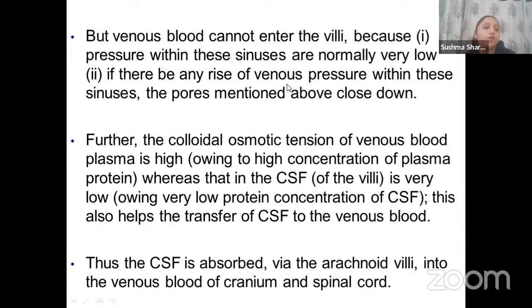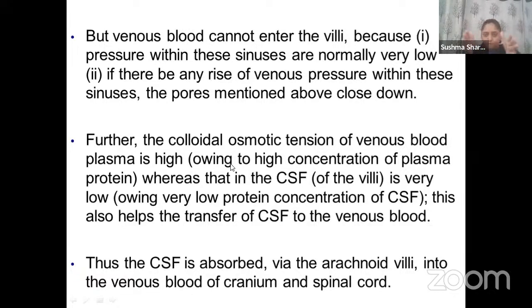the beautiful point over here is that venous blood cannot enter the villi. Correct? Why? Because the pressure within these sinuses is normally very low. Any fluid always moves from a region of high pressure to a region of low pressure, right? So if there is any rise in the venous pressure within these sinuses, these pores close down.